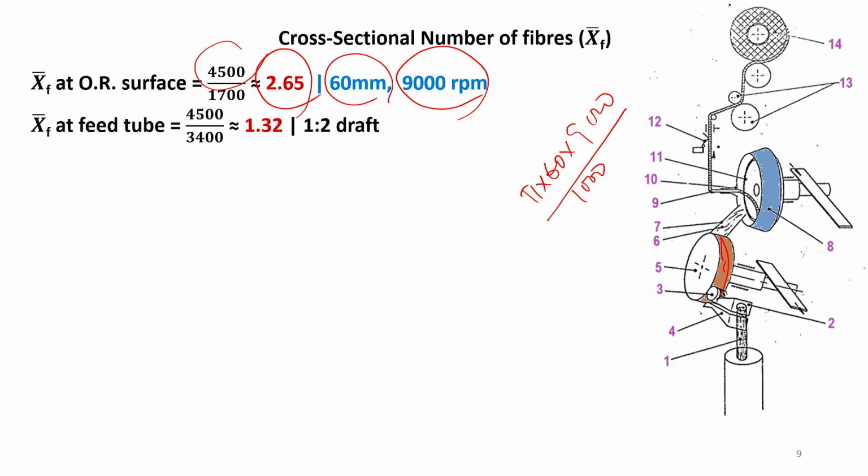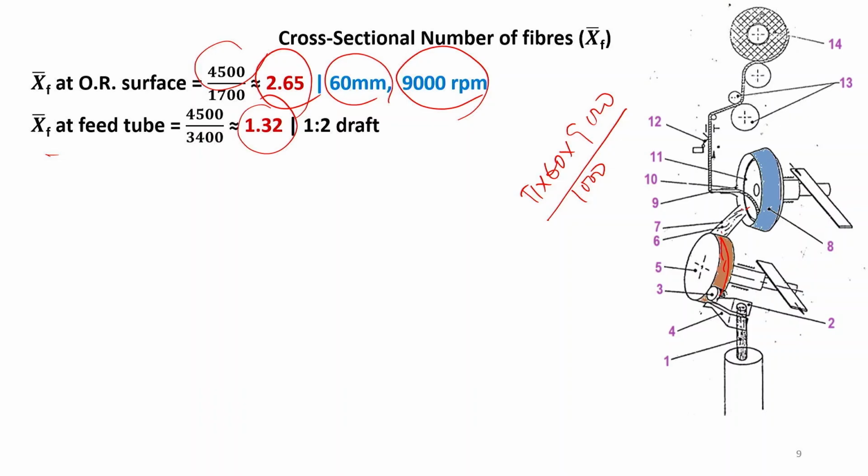And at the feed tube exit, where the draft is 1:2 as given, the number of fibers will be half of that, since 1:2 is there. So, 1.32.